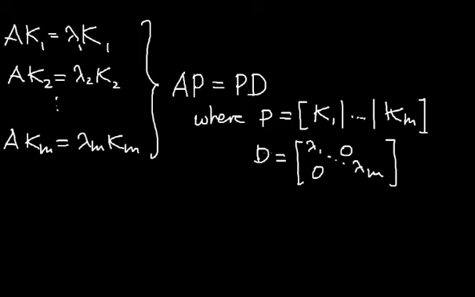Okay, so that's the eigenvalue problem, to find such k's and lambdas. And if I want to find many of them, I can also ask it as a problem of finding the matrix P and the matrix D such that AP equals P times D.